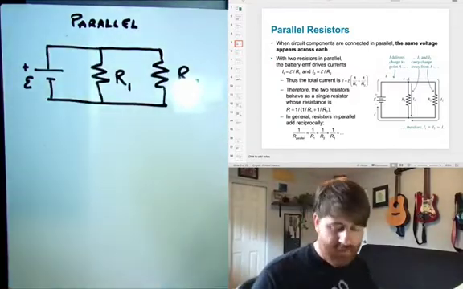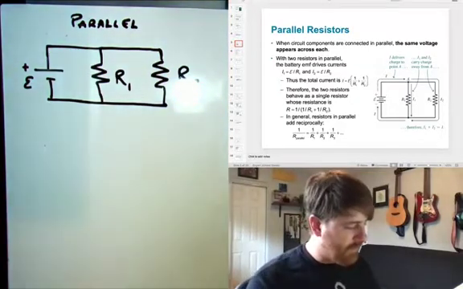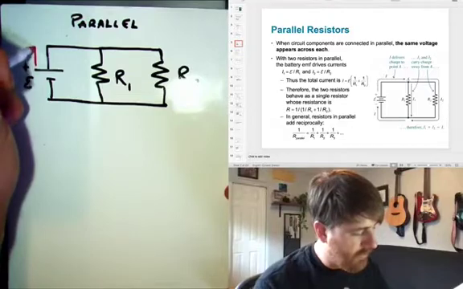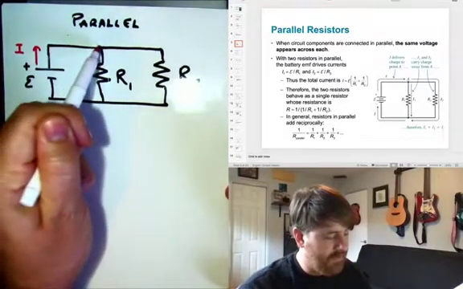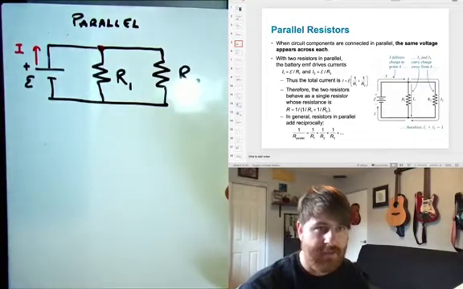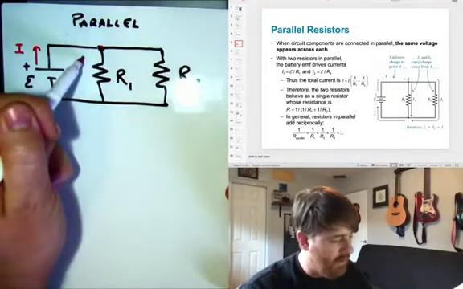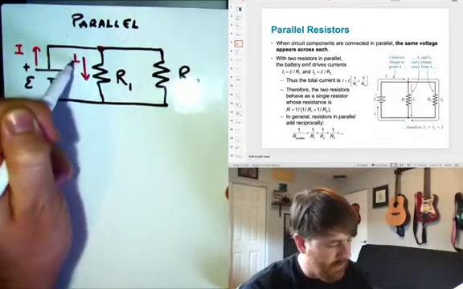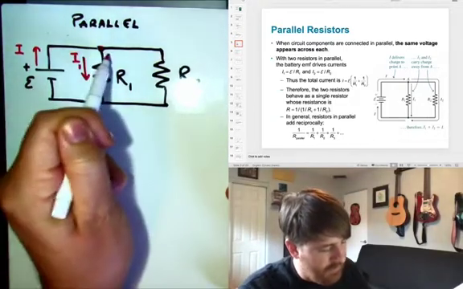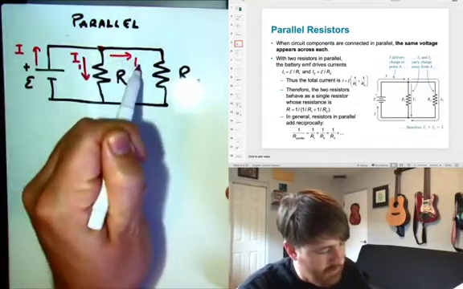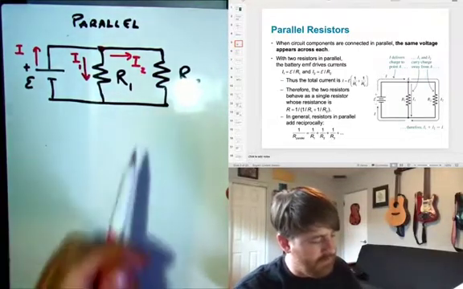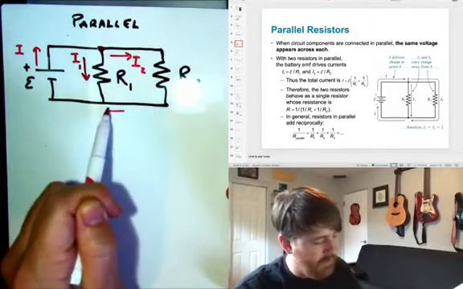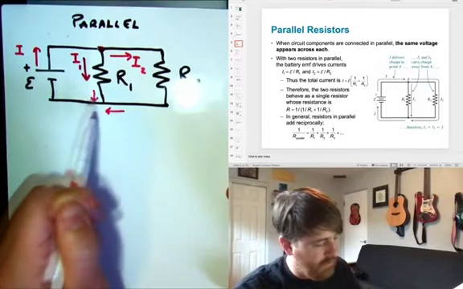And in this parallel circuit, we have some current through the battery. I'll call it I. And then the current reaches this point, and some of it goes through R1, so that I'll call I1, and some of it continues on through R2. Okay? Then those currents combine back together here.